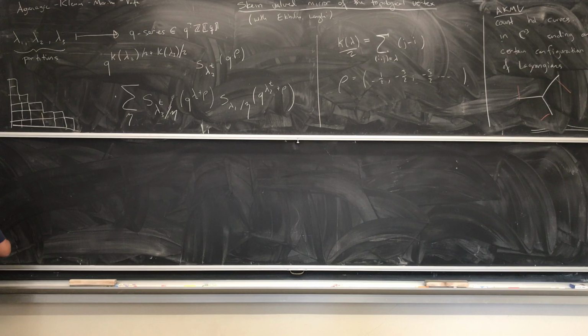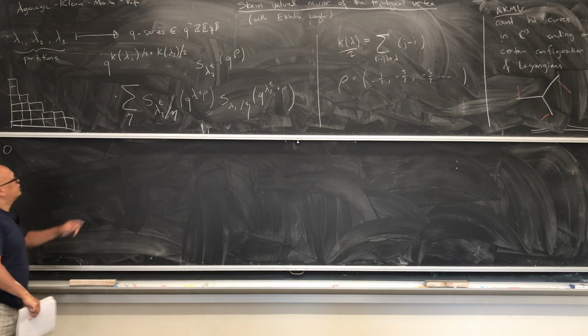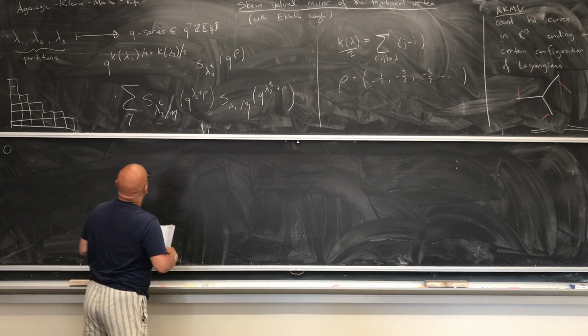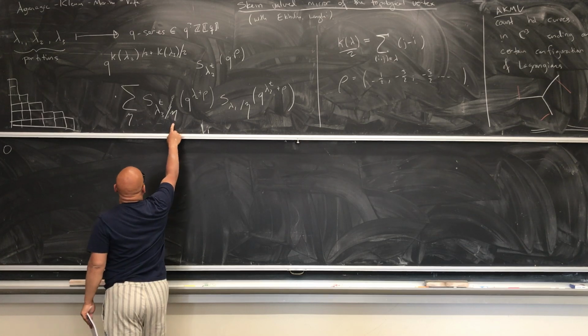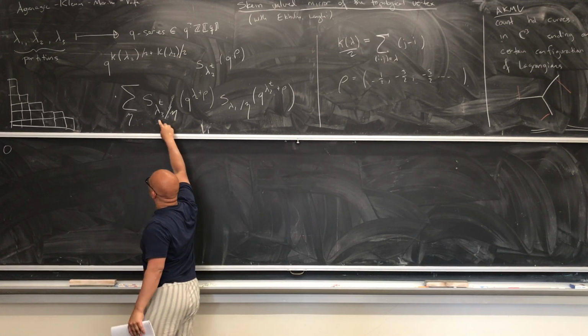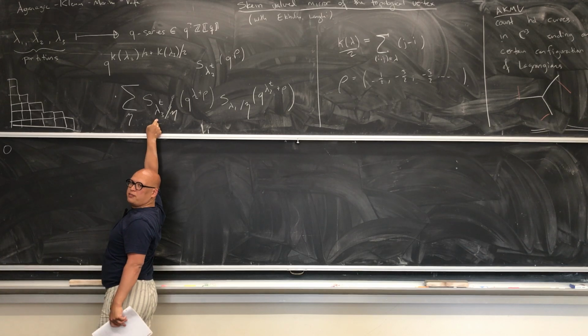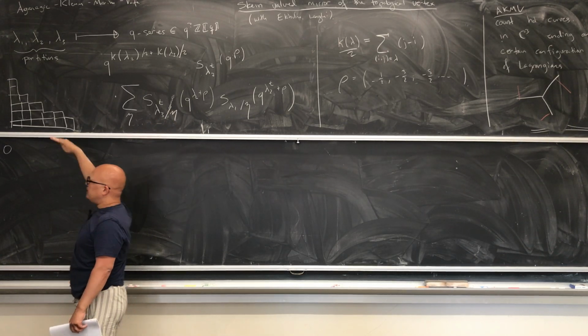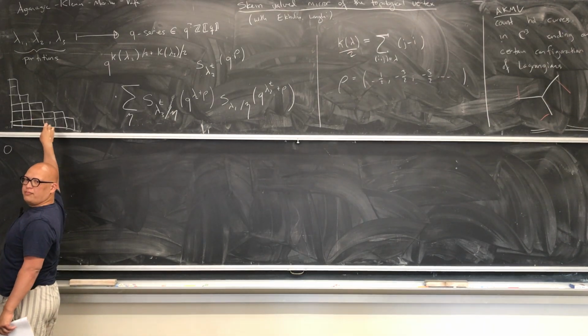So eta is a partition. This term is 0 unless eta sits inside lambda 3 transpose. And if it sits inside lambda 3 transpose, I delete it, and I've got some kind of skew shape.